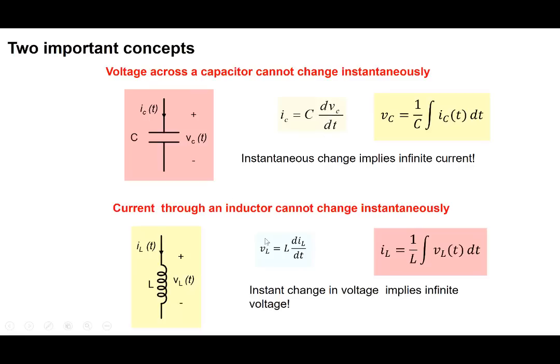Similarly, from V equal to L di by dt, because of the finite voltages in the circuit, di by dt cannot be infinite, which means that over a very short period of time, current through an inductor cannot change significantly. So current through an inductor cannot change instantaneously, and voltage across a capacitor cannot change instantaneously.